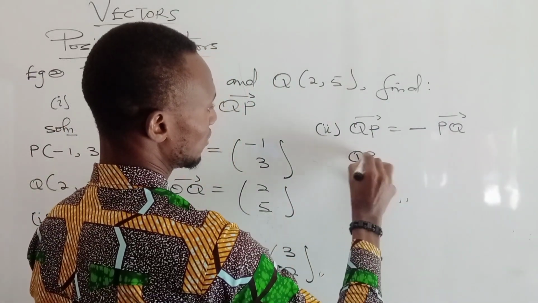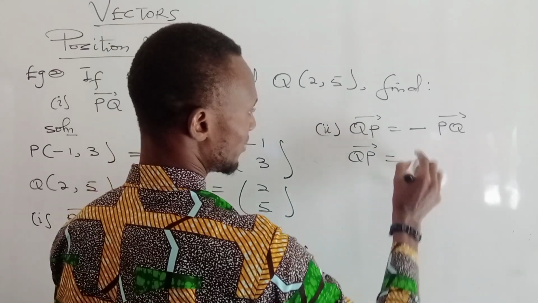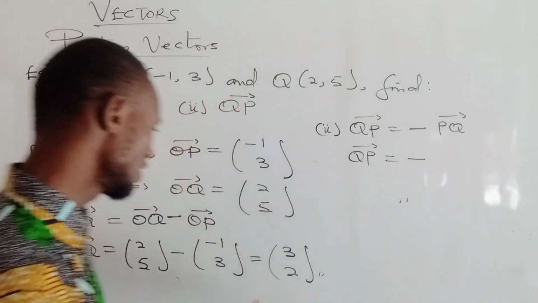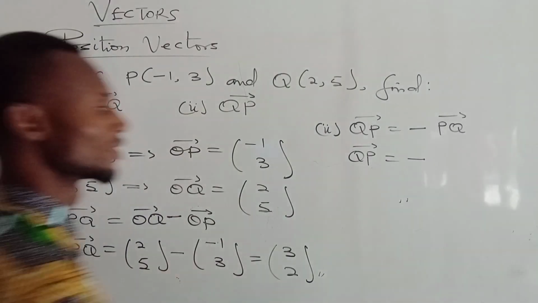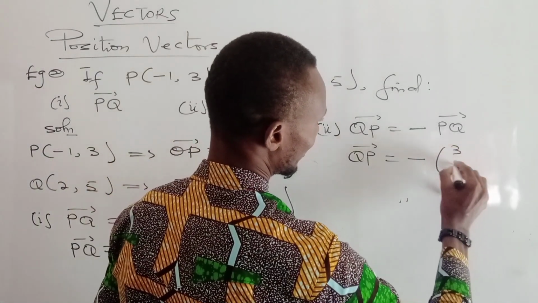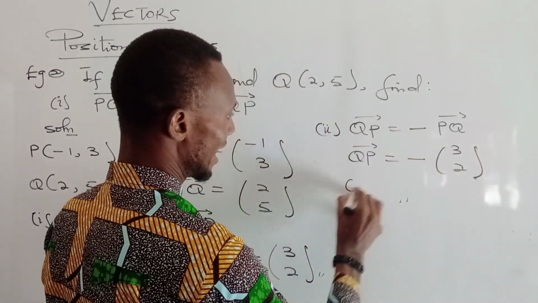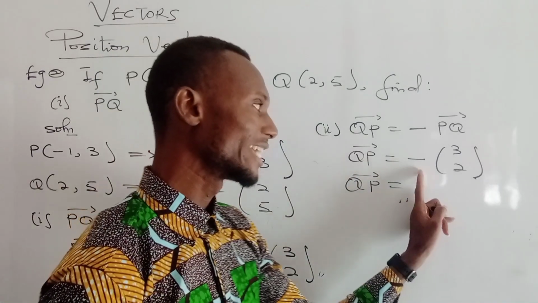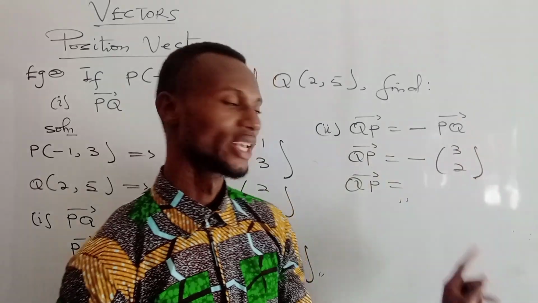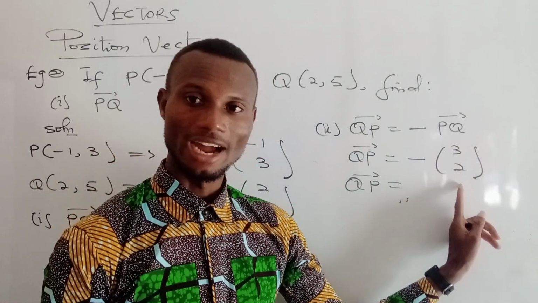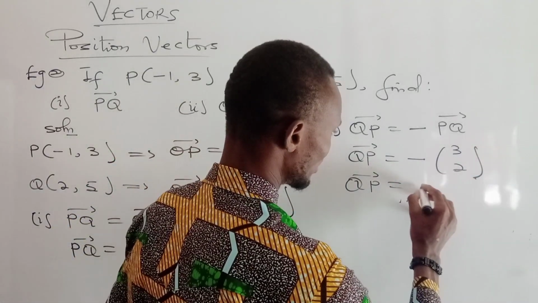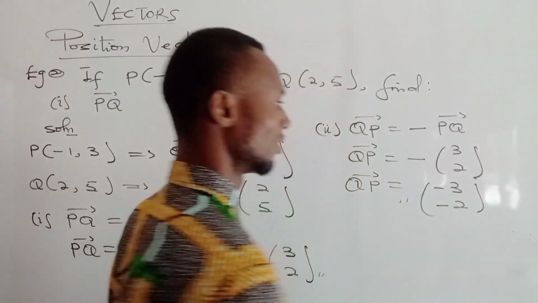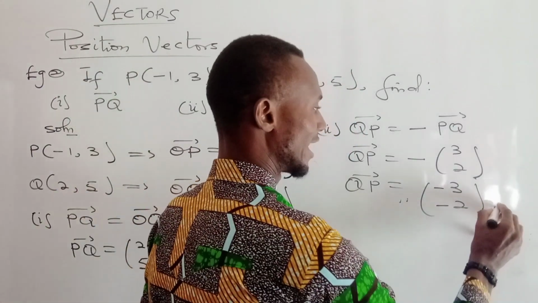So my QP will be equal to, bring your negative sign, then put the value of PQ there, which we solved as 3, 2. Then you simplify. The negative will affect the number at the top and also the number down here. So I'm going to get minus 3, minus 2. That becomes my final answer.